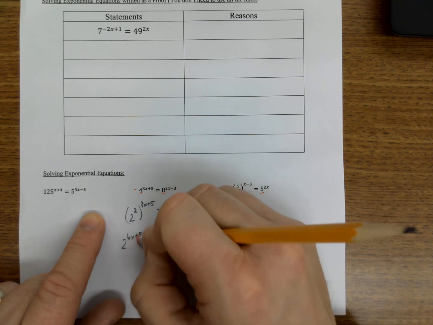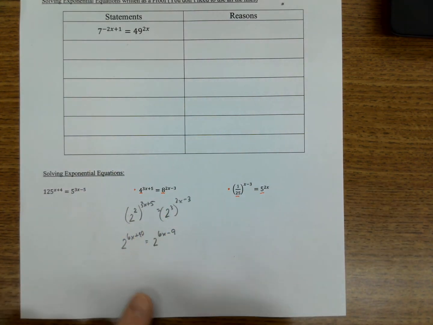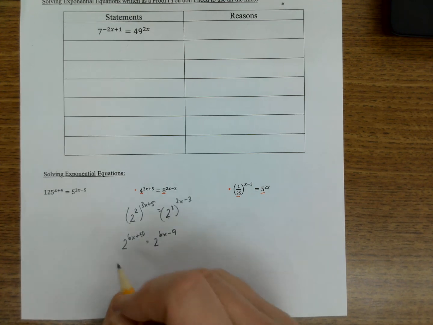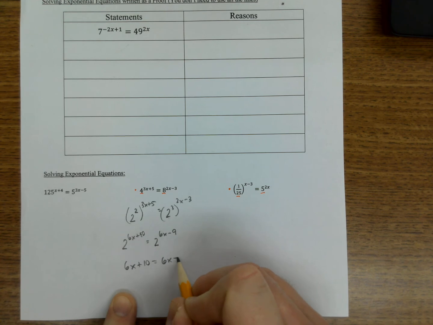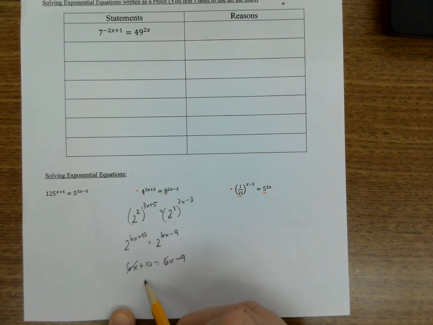Whoops, I forgot to multiply that right there. Be careful you distribute it all the way through. Same bases, same exponents. Now you can solve, and hey, we might as well just figure out this one real quick. Subtract away those, and I have 10 is equal to negative 9. What's that mean? No solution.